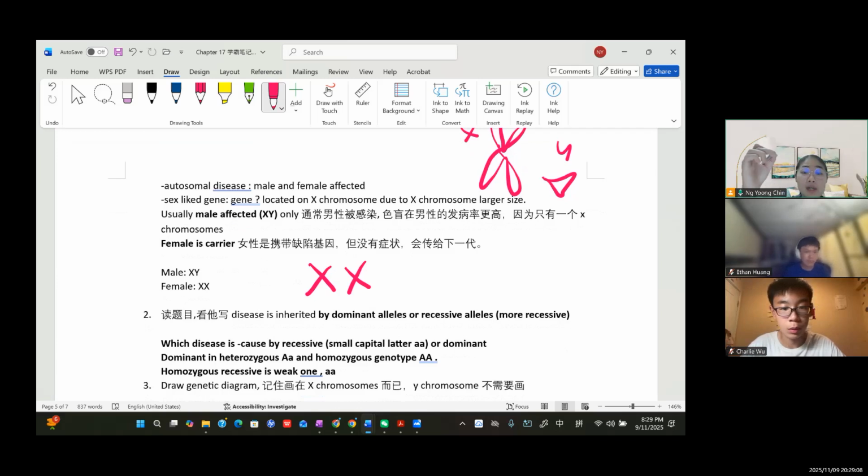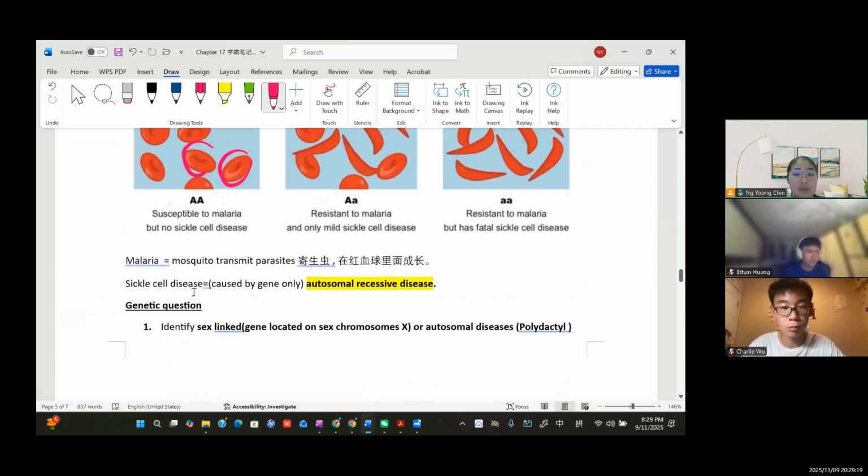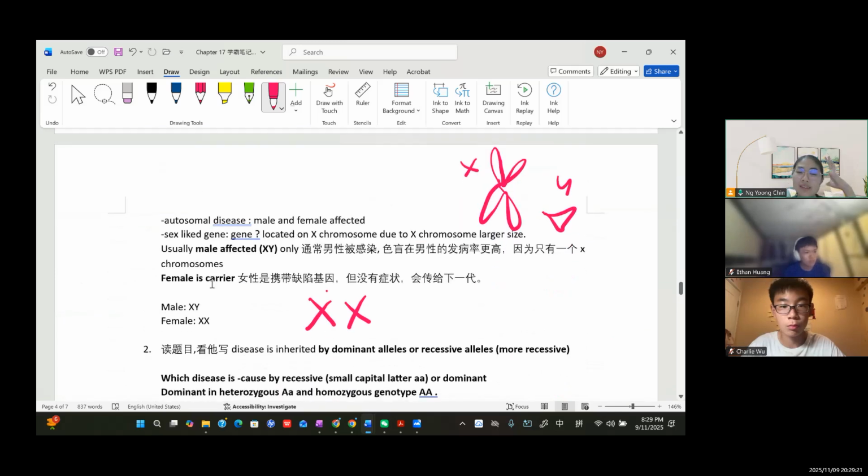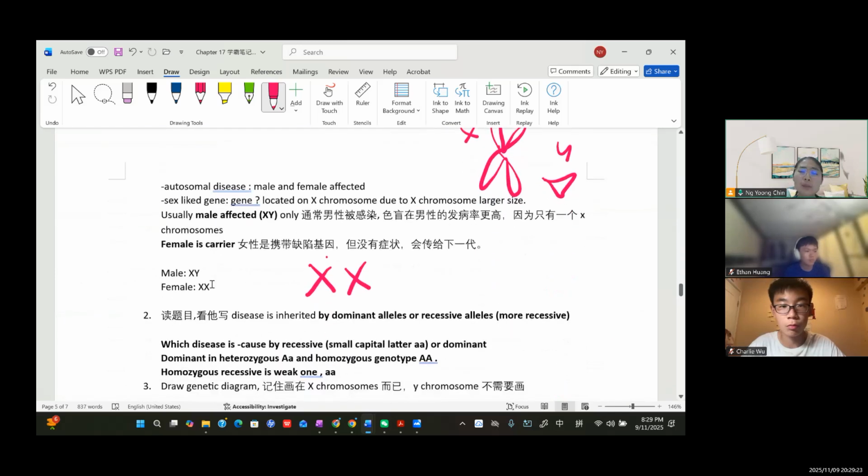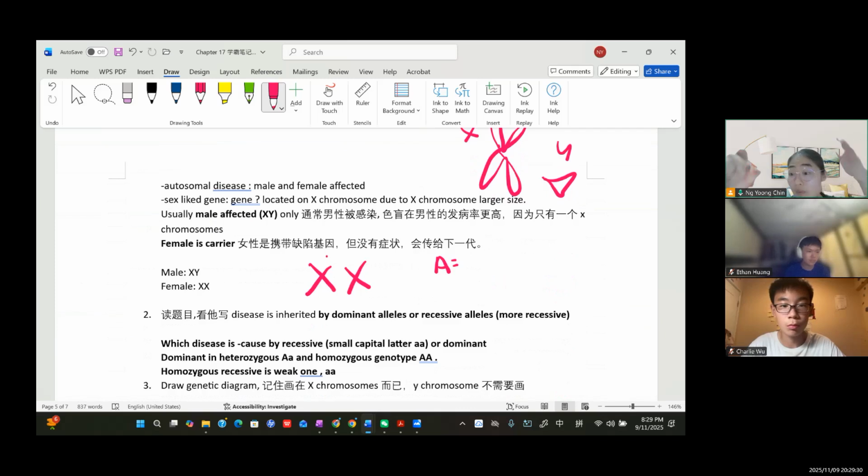You know what a carrier is? For example, let's talk about color blindness. Let me show you. For example, A is the color blindness gene.